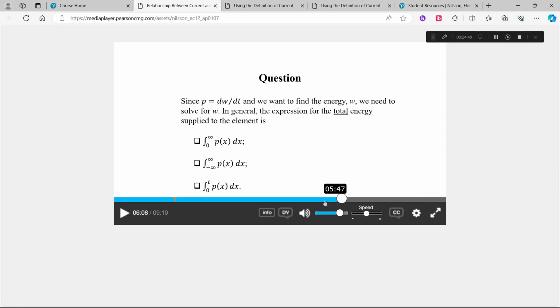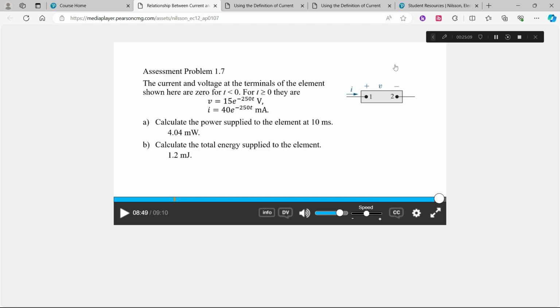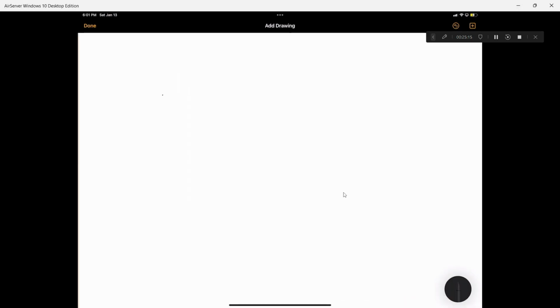So first, our function that we need to know is power, right? Power is equal to dW over dt, right?